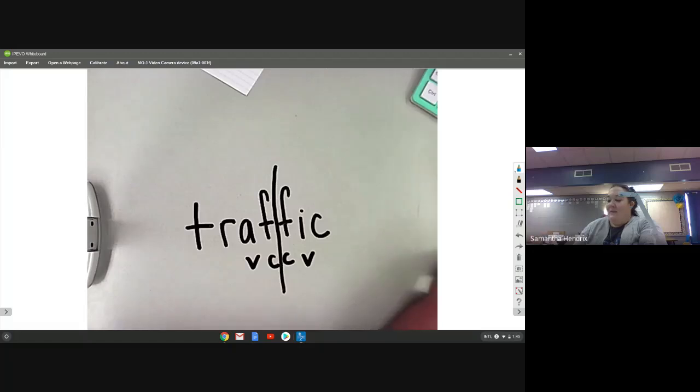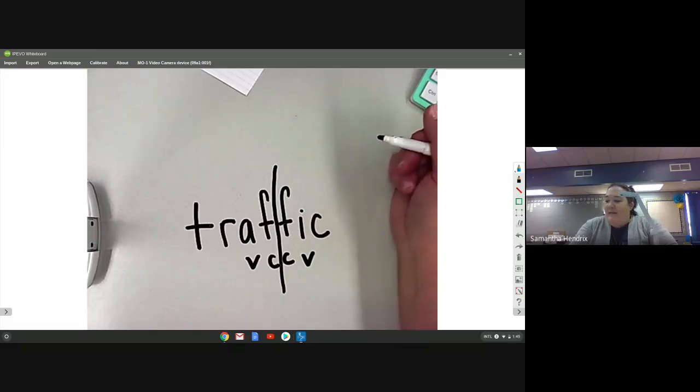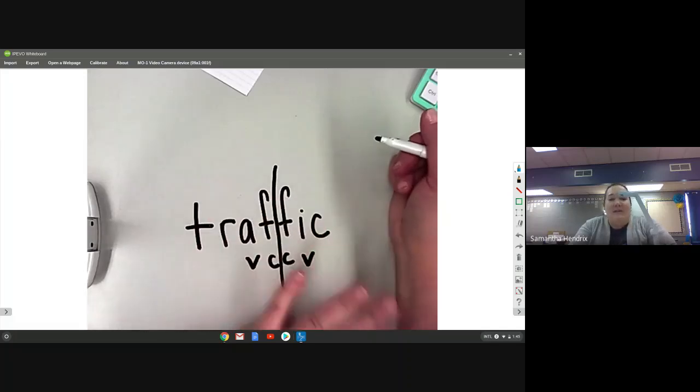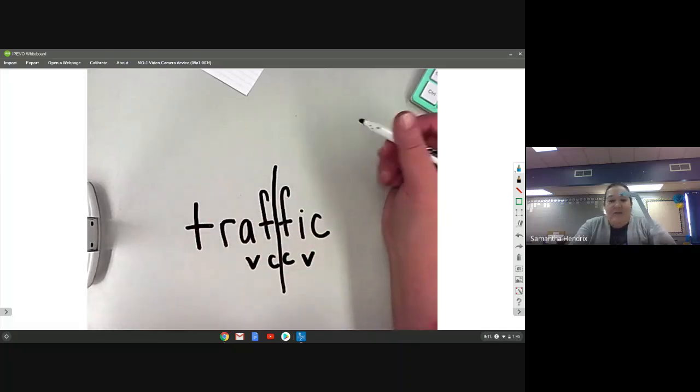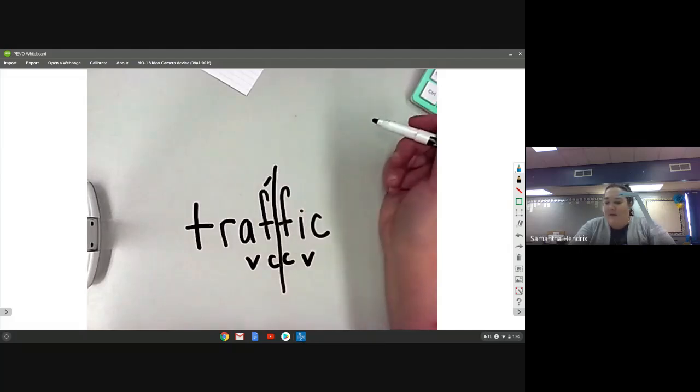When you have an unknown word, the best place to try the accent mark is on the first syllable, like this. So let's look at any other things we can code.